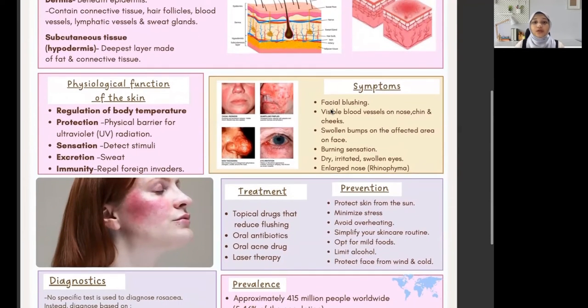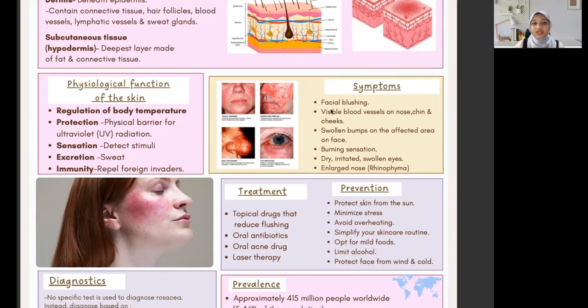So what is the physiological function of the skin? Firstly, regulation of body temperature. Skin helps us regulate our body temperature through evaporation of sweat. And skin is also a protection for us. It protects us from UV radiation, also known as ultraviolet radiation.